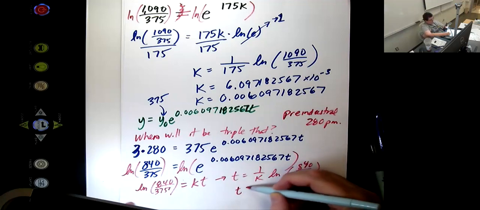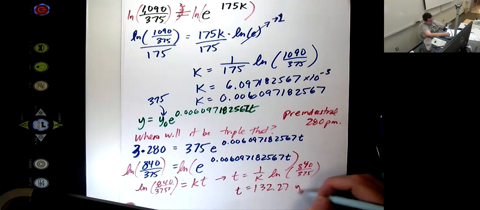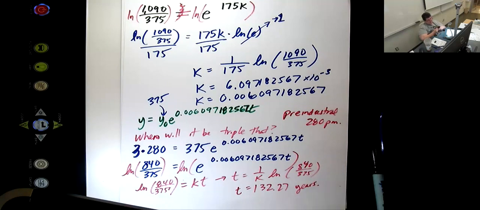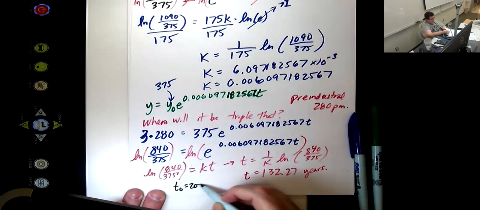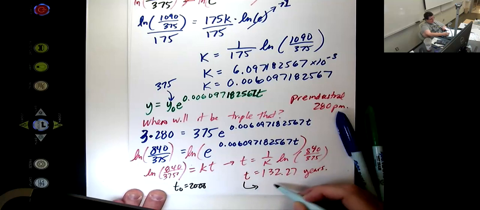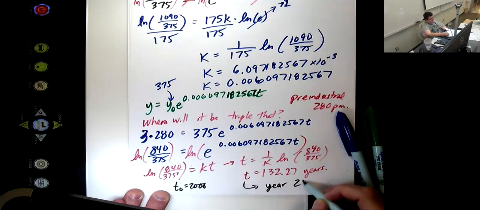I'm getting t equals 132.27 years. t0 was the year 2000. So this means this is the year 2132.